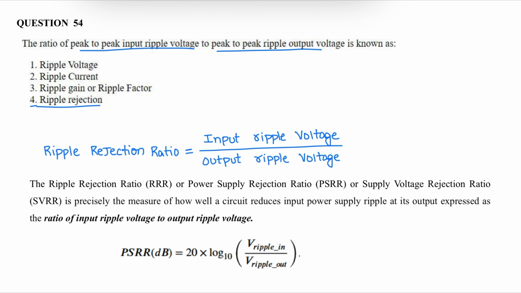Ripple rejection ratio or power supply rejection ratio or supply voltage rejection ratio is precisely the measure of how well a circuit reduces input power supply ripple at its output and is expressed as the ratio of input ripple voltage to output ripple voltage. In terms of dB, it is 20 log 10 of input ripple voltage to output ripple voltage.